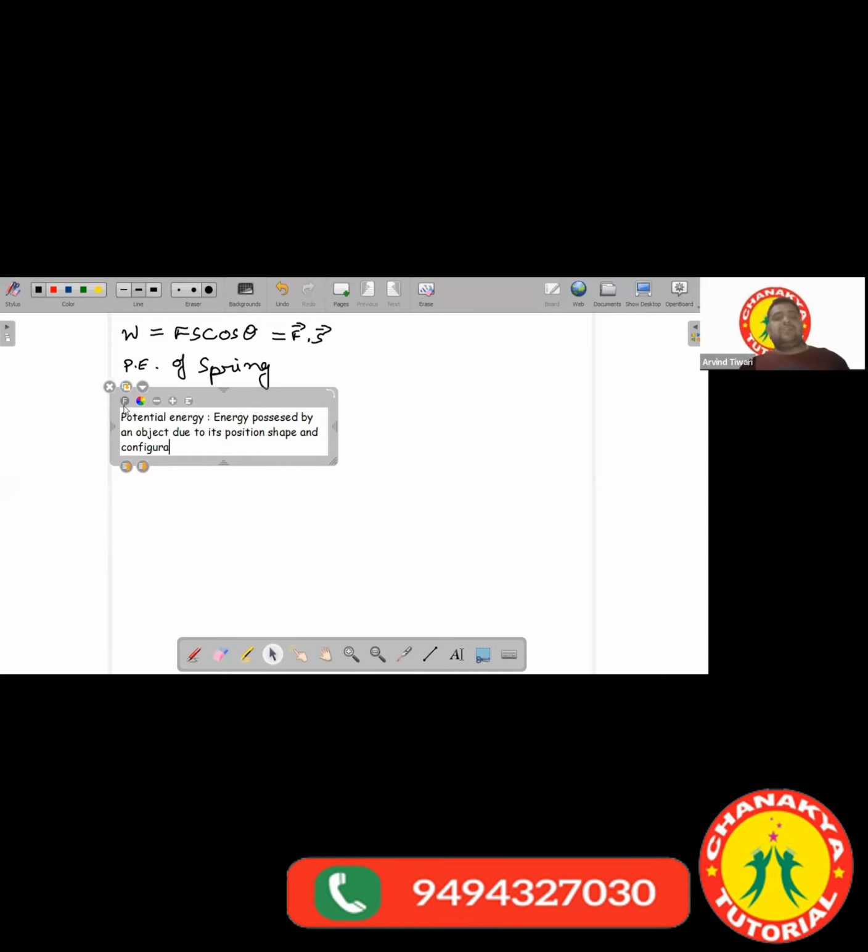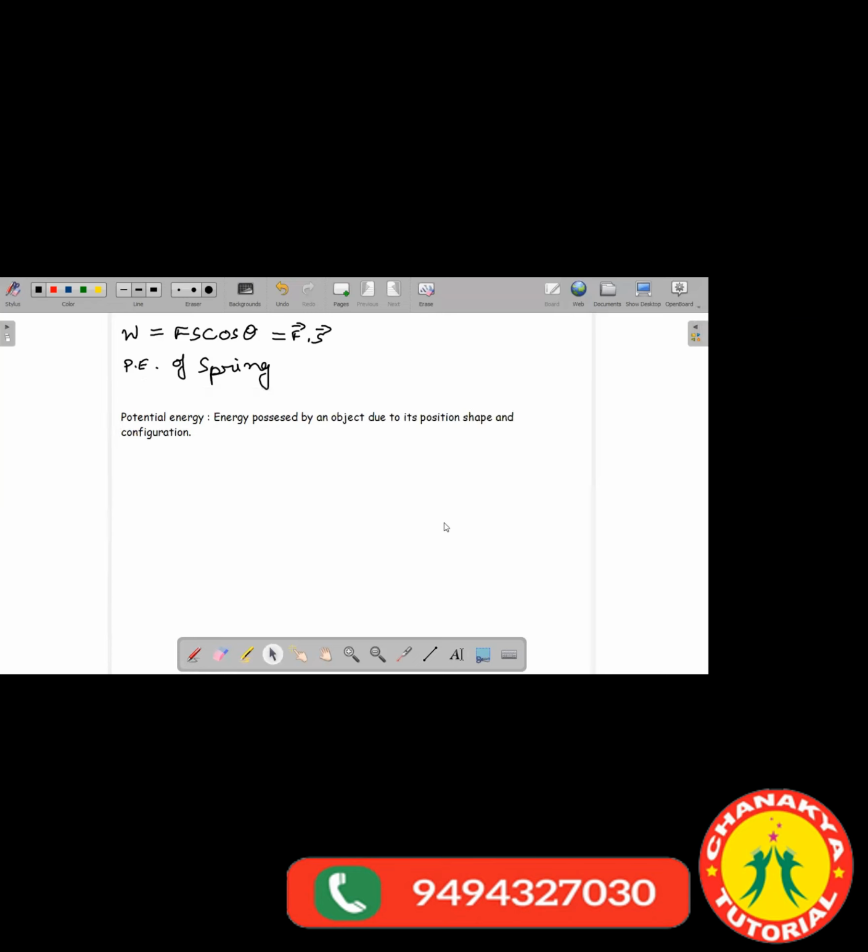In your grade 9, you had seen the potential energy stored in an object which is lifted to a certain height. If an object is lifted to a height h, the potential energy stored in it is given by mgh. We specifically call that gravitational potential energy.